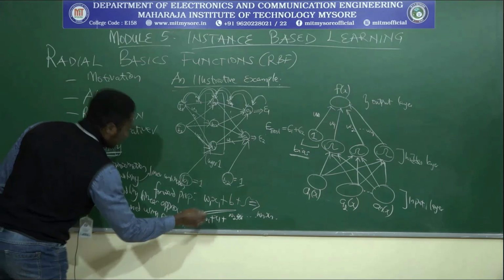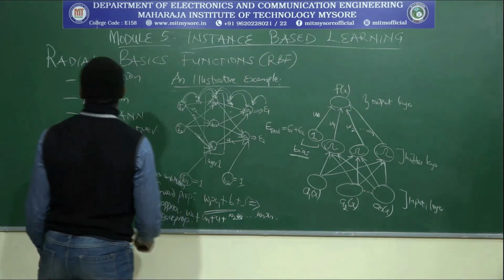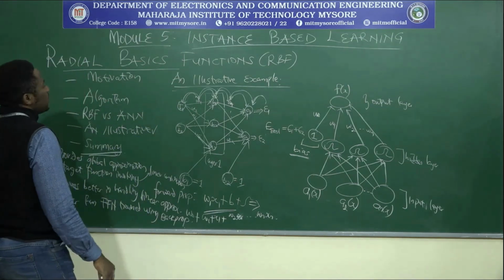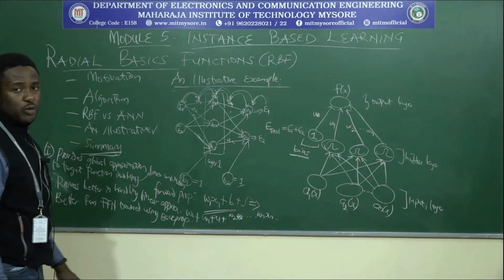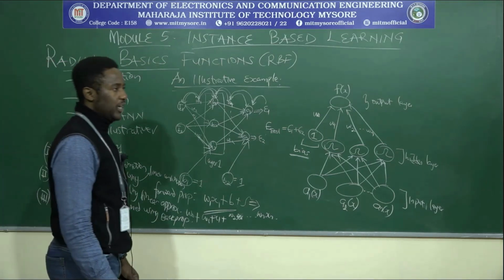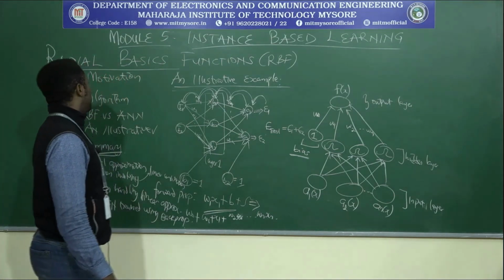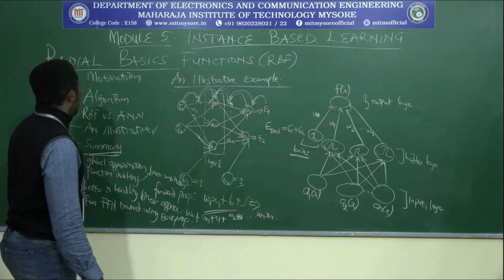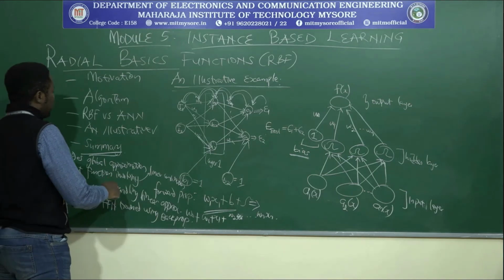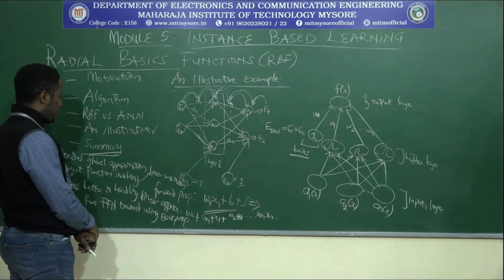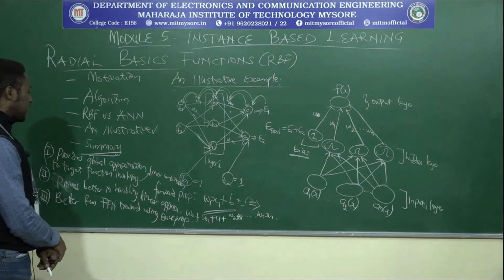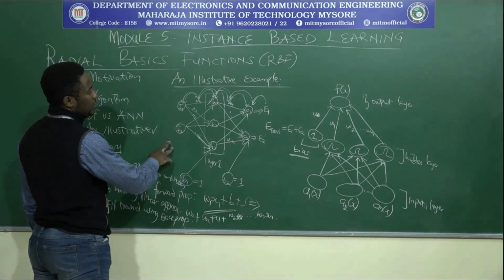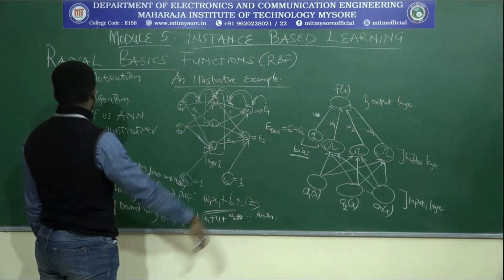So I will summarize the class now. How did we start? We started by looking at RBF. What exactly is it? How is it similar to locally weighted regression and K-nearest neighbor? And what is the similarity between that and your neural network? The motivation behind it is that if we want to get to convergence faster without wasting time on backpropagation, we can train our network using RBF.